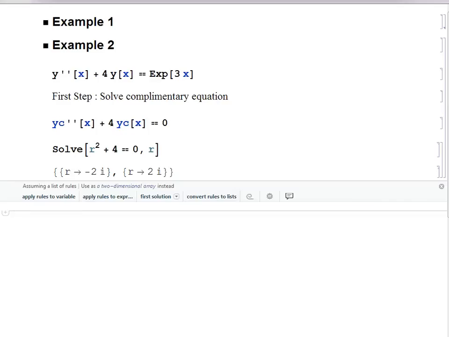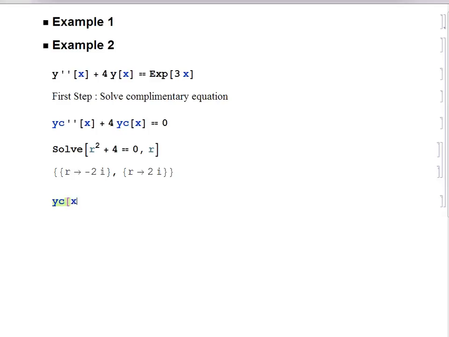Our solution looks like yc of x equals c1 exp 0x cosine of 2x plus c2 exp 0x sine 2x.